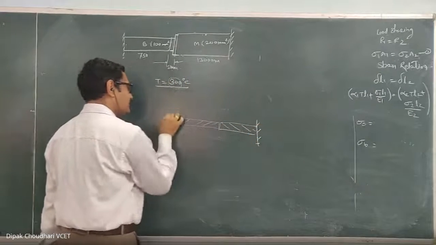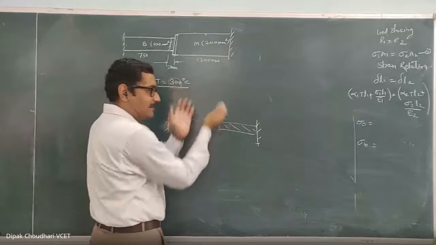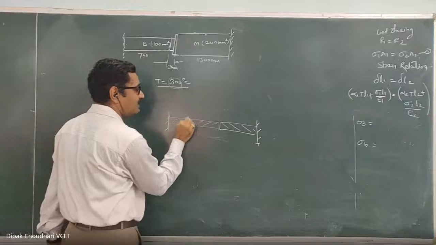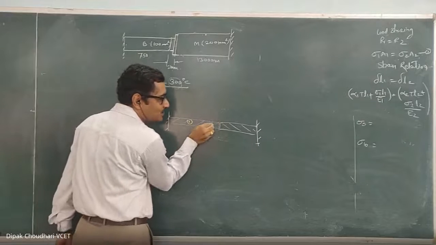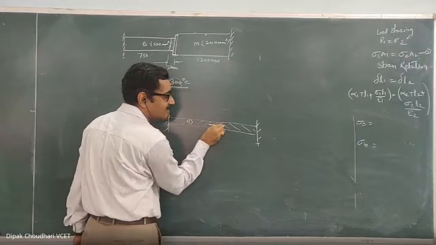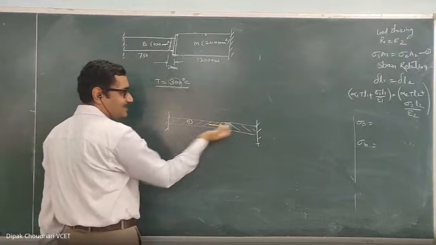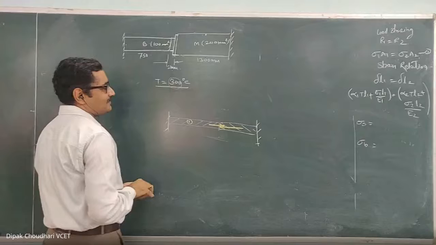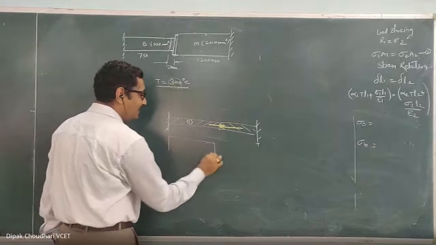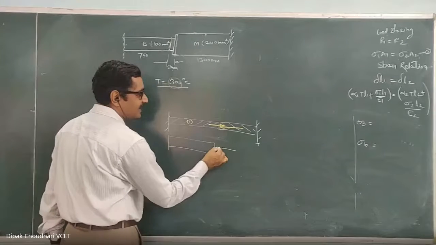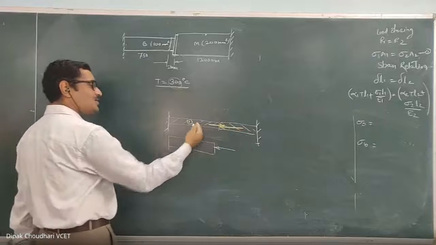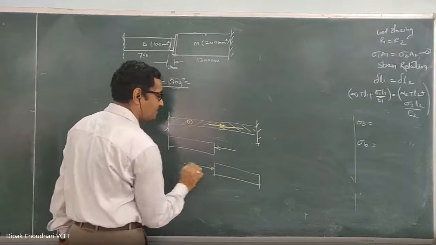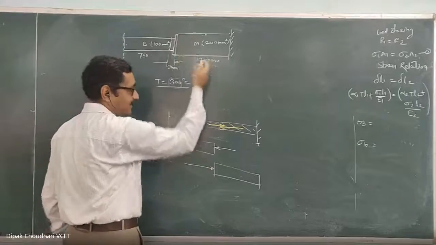One end is fixed, and if we increase the temperature, they will try to elongate. Here when this material will try to elongate, it will push this material. Okay, but this is also elongating, so this will also push this material. It means that when I consider the FBD of the brass, this is the reactive force exerted by the magnesium on the brass, and when I consider the FBD of the magnesium, this is the reactive force exerted by the brass on magnesium.